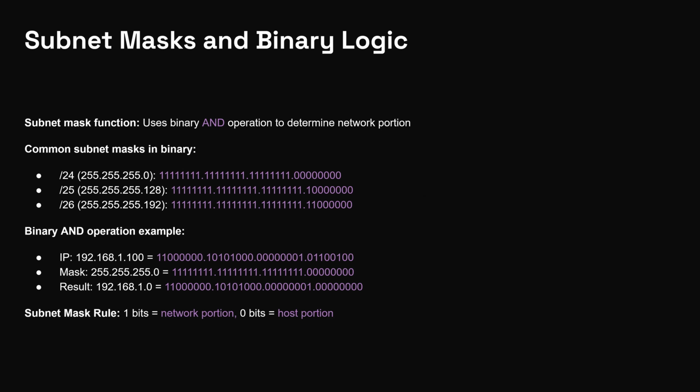And we can see here the binary AND operation, which can be used to tell what is the network portion or the host portion. So with the IP address of 192.168.1.100, which will be represented in binary like this, and the subnet mask of 255.255.255.0, which will be this in binary, we can tell what the network portion is when we do the AND operation. So in the AND operation, you have 0 and 1 inputs, right?